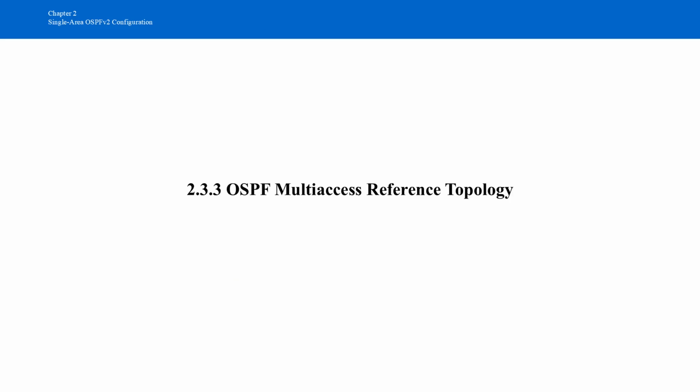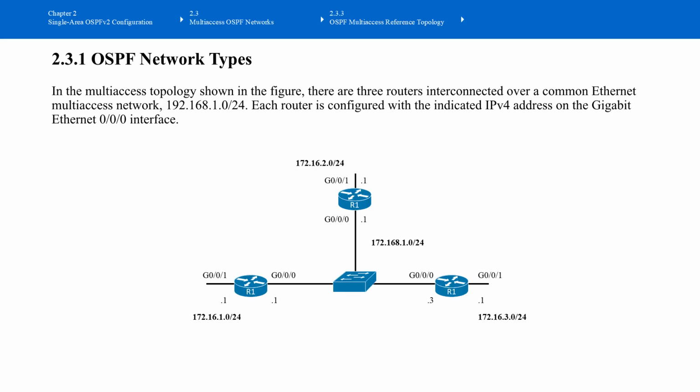This figure shows a multi-access OSPF network. 3 routers are connected to the same Ethernet switch, so they all share the network 192.168.1.0/24. Their G0/0/0 addresses are, for R1, 192.168.1.1, for R2, 192.168.1.2, and R3, this is 192.168.1.3.